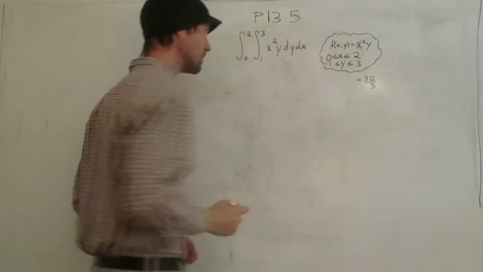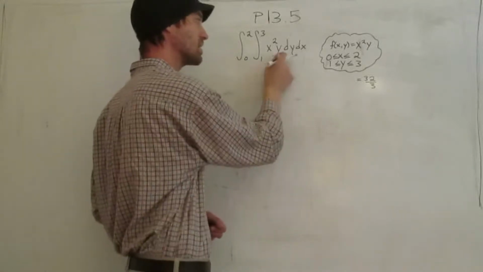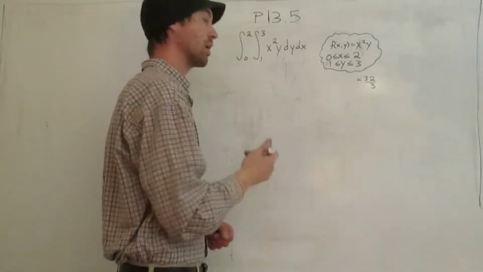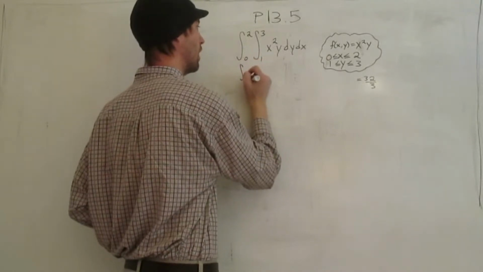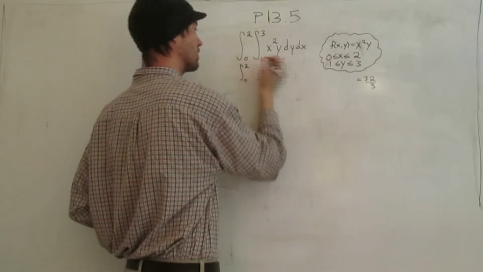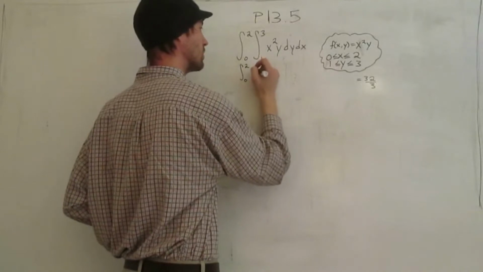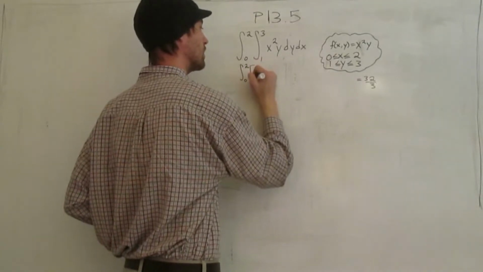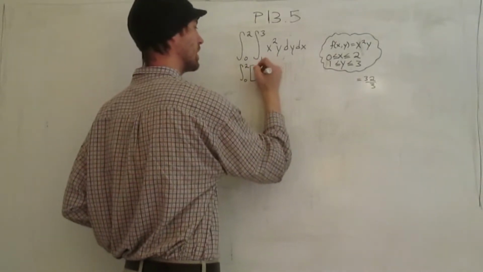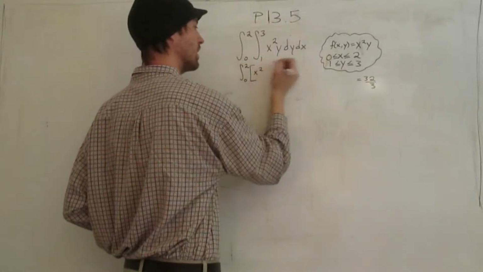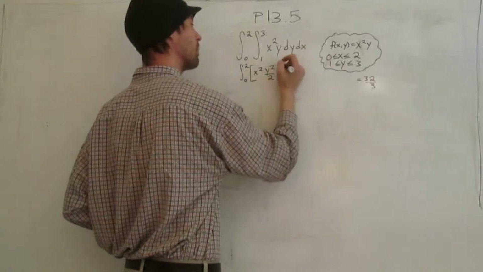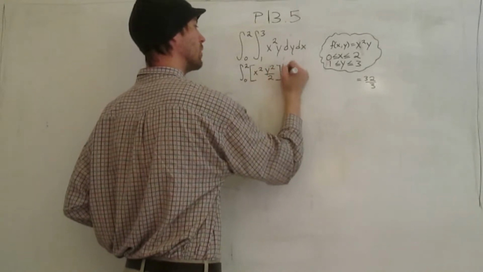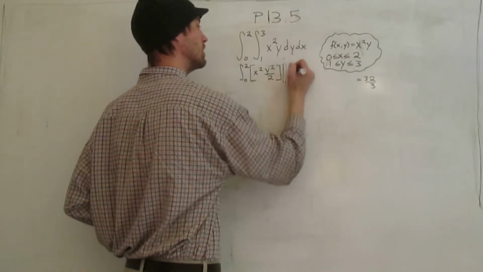So now we're going to hold x constant and integrate with respect to y first. We bring our integral for x along for the ride, and we can actually evaluate. We say x squared, bringing that along, y squared divided by 2, evaluated from 1 to 3.